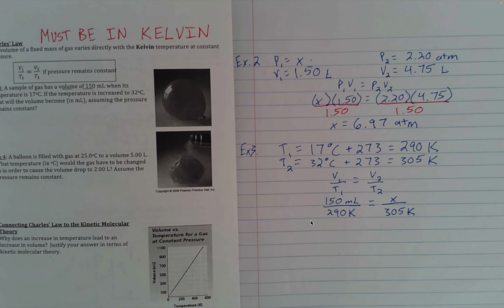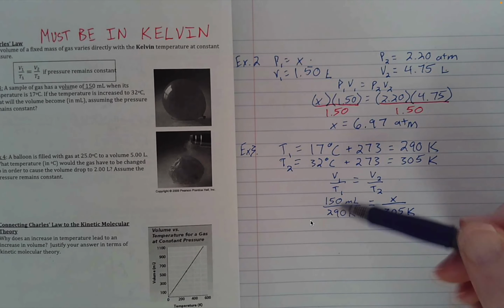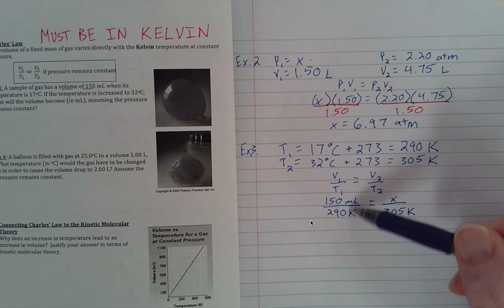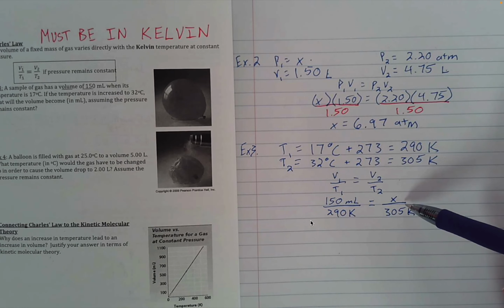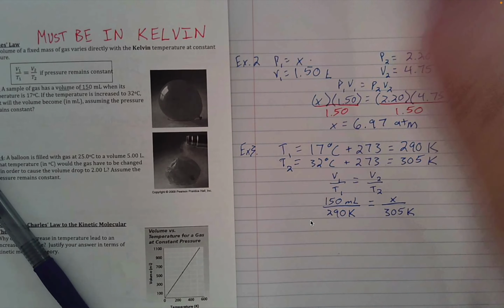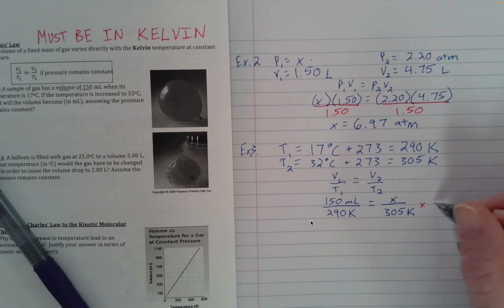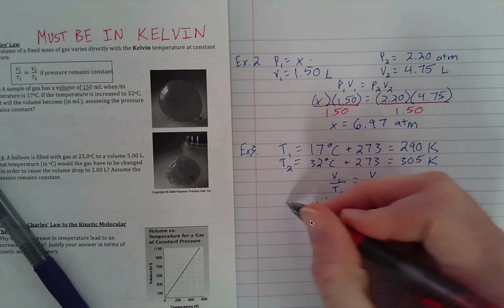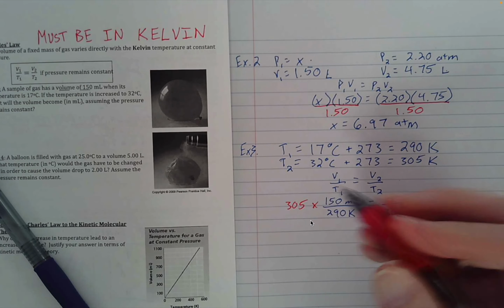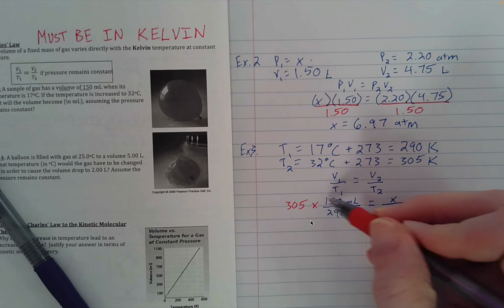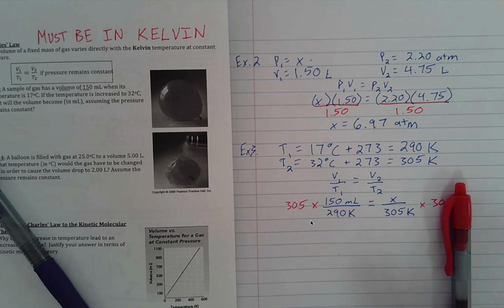All right. So this is just a number we can type in the calculator and find out. Now we need to get rid of this. This is division, so we're going to do the opposite. We're going to multiply by 305. Multiply by 305. Okay, the 305 is going to be the numerator there.